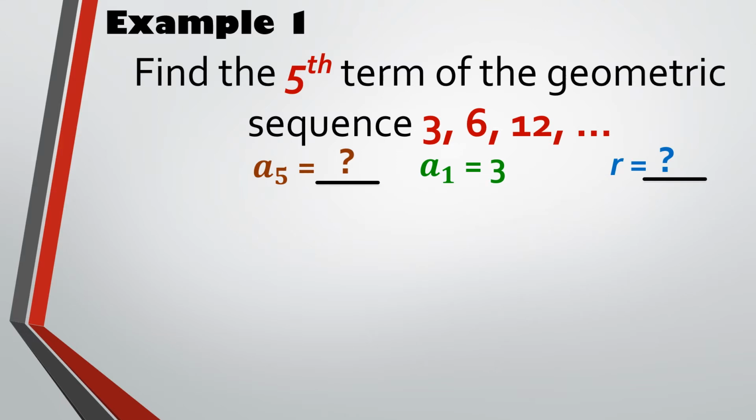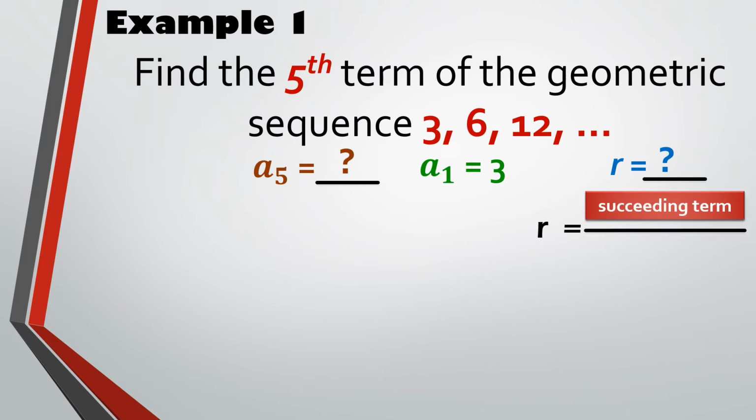Also, unknown in the problem is the common ratio. So what is the common ratio of the geometric sequence? The formula is r is equal to succeeding term divided by the preceding term. Okay?